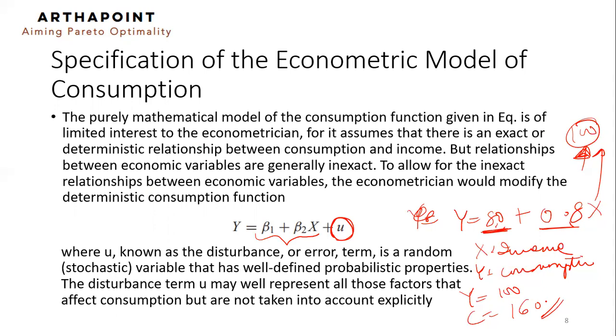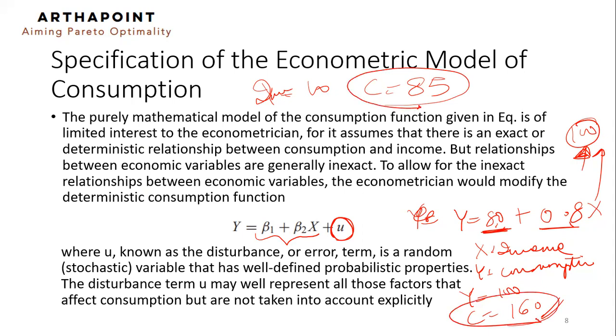You tell me that when I gave a person $100, when his income became 100, his consumption was actually something around 85. Now, the actual consumption was 85. What your model predicted was this. There is a difference between what you predicted and what the actual consumption came out to be.